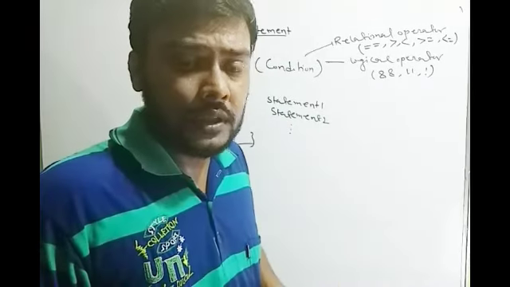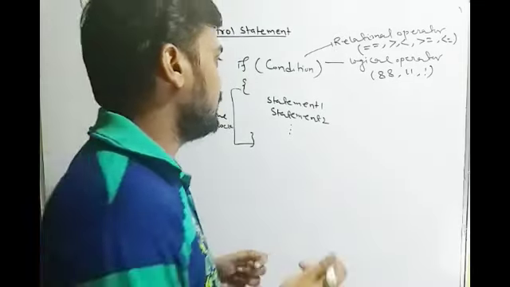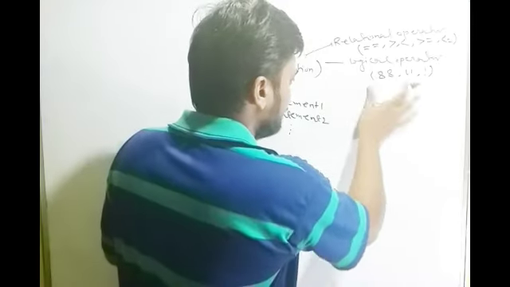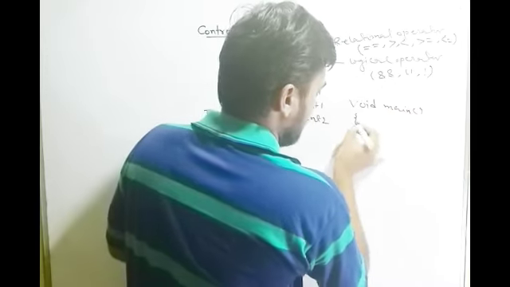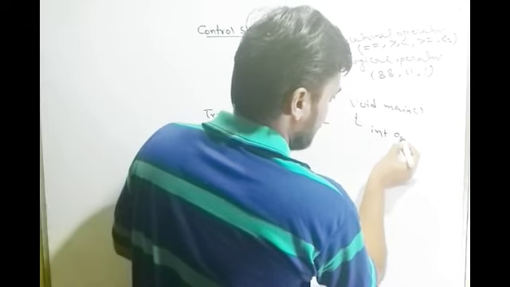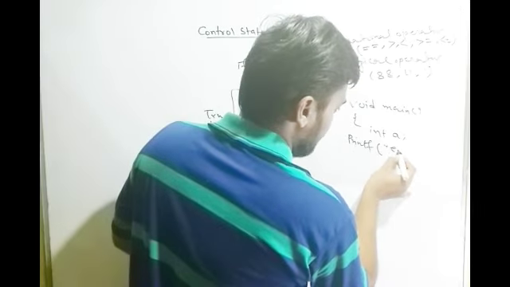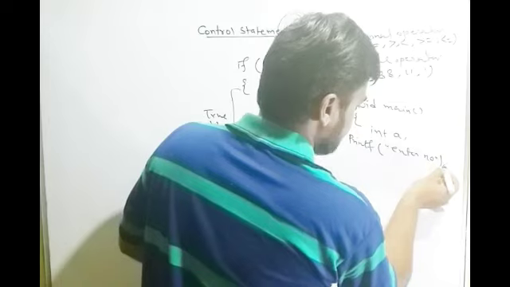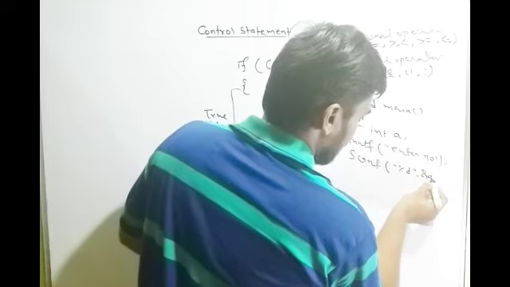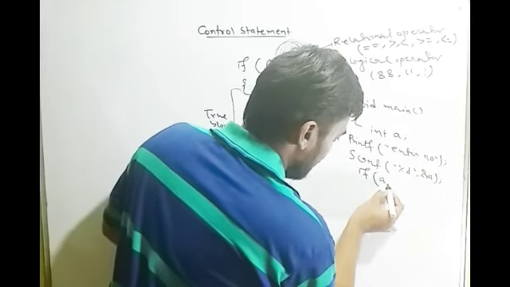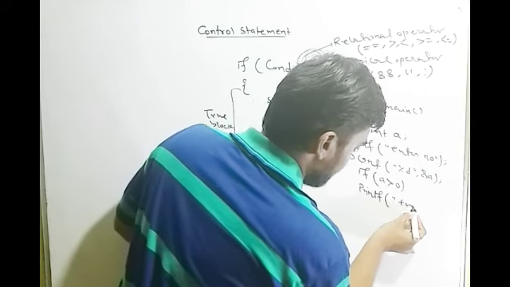One number is given to you, and we check whether it is positive or not, using an if statement. Before that we use void main, and there is one number, int a, and printf enter number, and scanf %d, &a, and if a greater than 0, then we write printf positive.